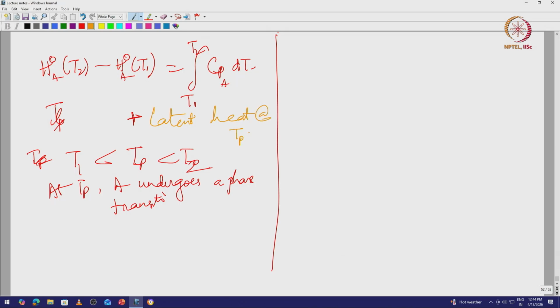Okay. So, this is the recipe I am going to use. To go from T2 to T1 I have to do this.